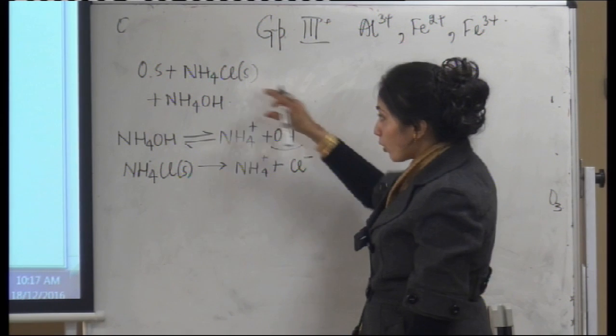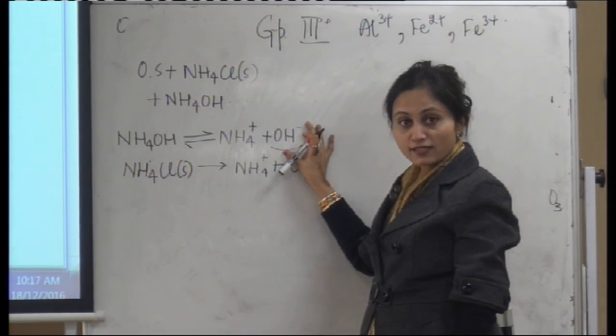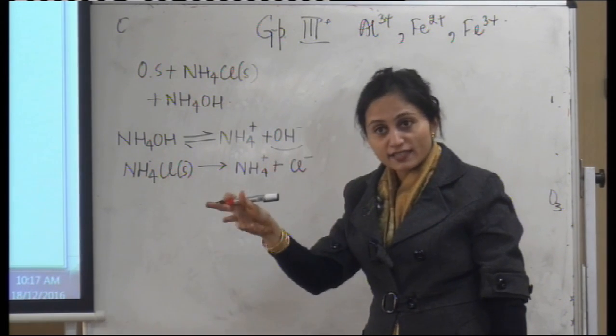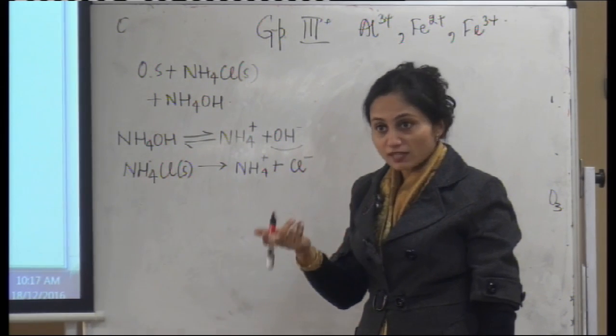Now, in order to have sufficient amount of OH minus, जिससे हमारा solubility product सिर्फ हल्का सा exceed हो, we want the ionic product to exceed the solubility product for the precipitate to be formed.